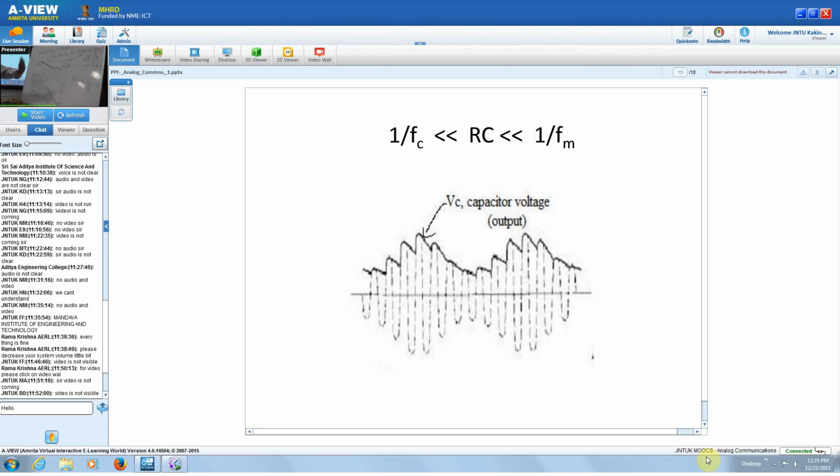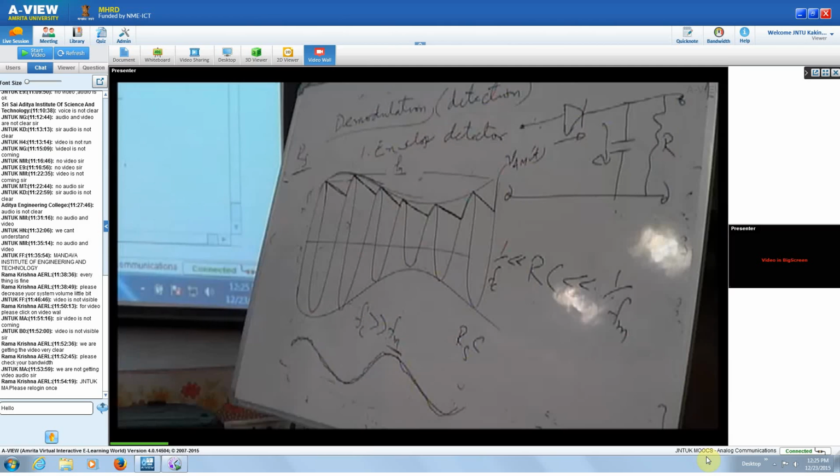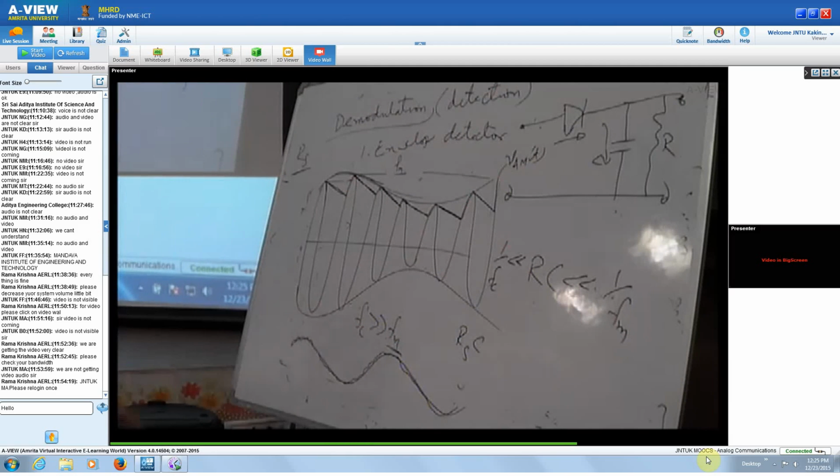Otherwise, it will not be charging and discharging. Similarly, this 1 by FC should be less than your time constant RC, so that this follows the variations in the carrier frequency, right?